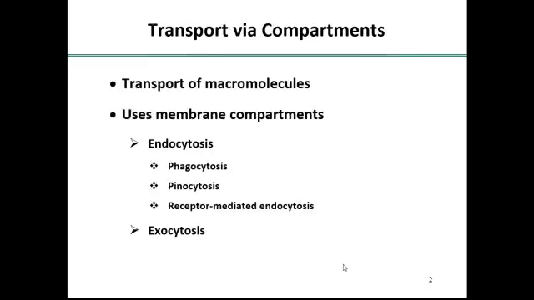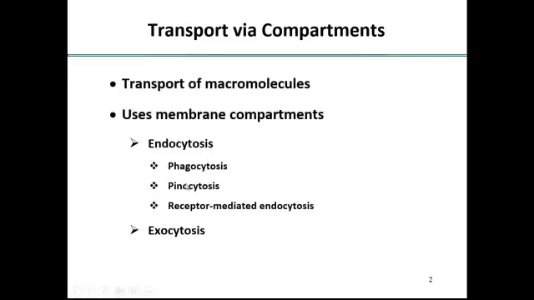In this membrane compartment transport, we divide it into roughly two parts. The first part is endocytosis, which transports molecules into the cell. And the other part is exocytosis, which involves transporting material out of the cell.